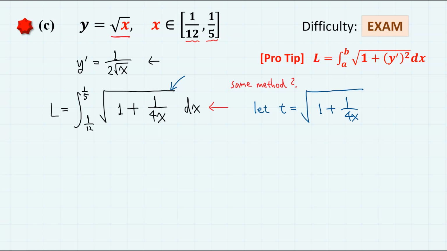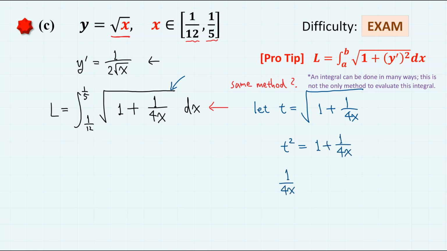Well, let's try this. Then we have t squared is equal to 1 plus 1 over 4x. Hence 1 over 4x gives t squared minus 1. And if you solve for x, you will obtain 1 divided by 4 times t squared minus 1.